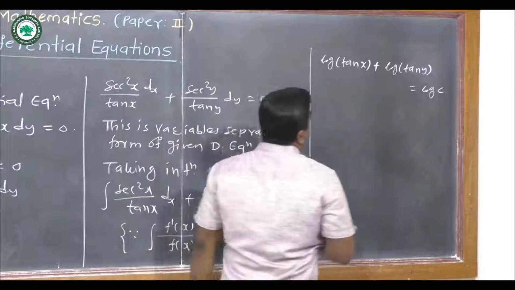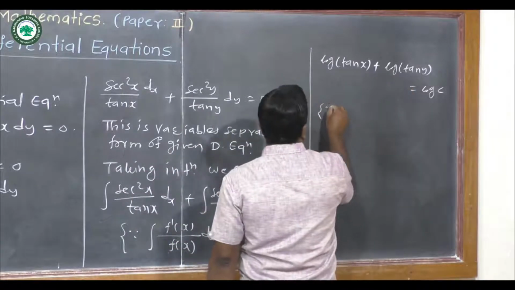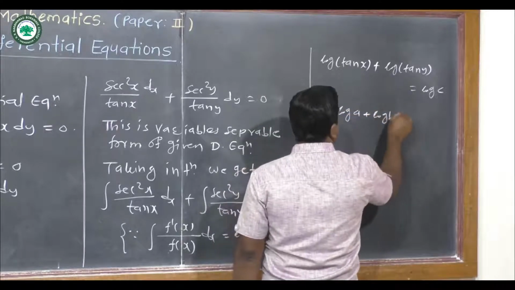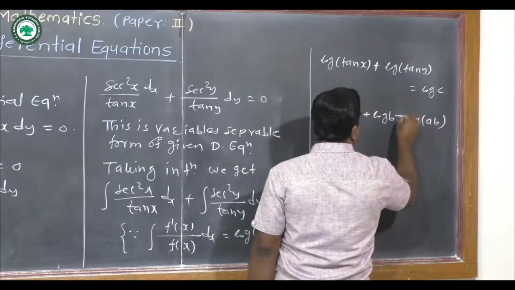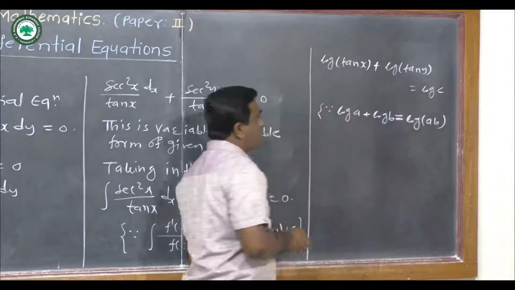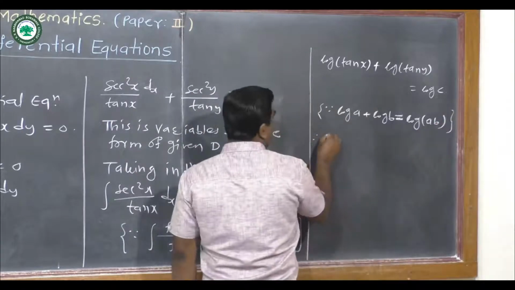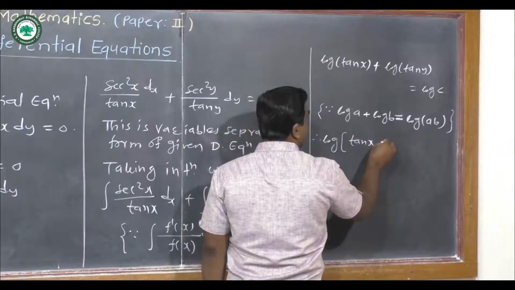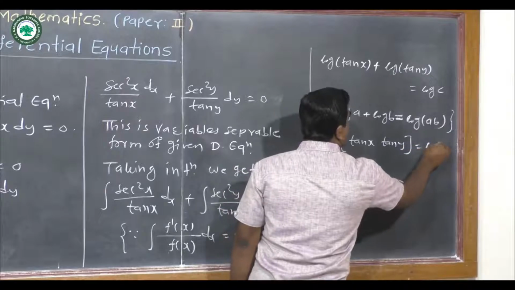Okay, now we use the formula log a plus log b is equal to log of a into b. Using this formula we can write log of, in bracket, tan x into tan y is equal to log c.